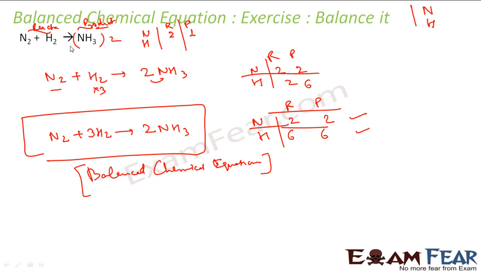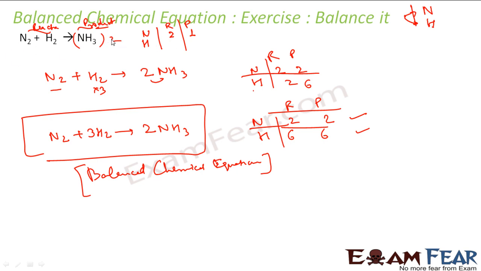compound element. There is no compound element in this case. Then I found any metal, no metal. Any non-metal, yes, we got nitrogen and hydrogen. Then we first tried nitrogen, hydrogen last, because I told that hydrogen and oxygen has the least priority. So this is my order of checking now. I checked nitrogen, hydrogen. It was not balanced. So there were only 2 nitrogens here and 1 nitrogen here.